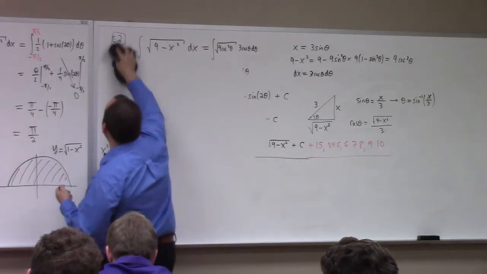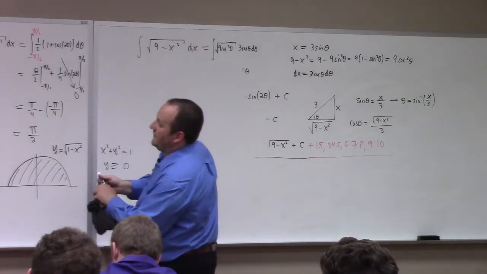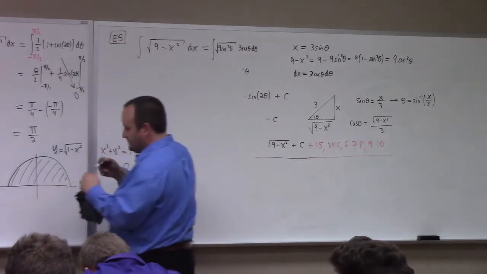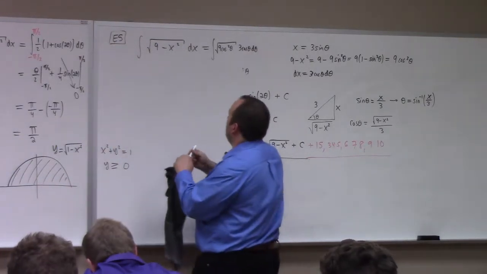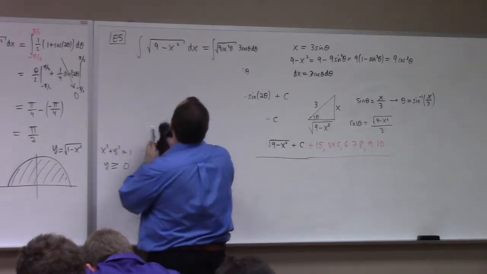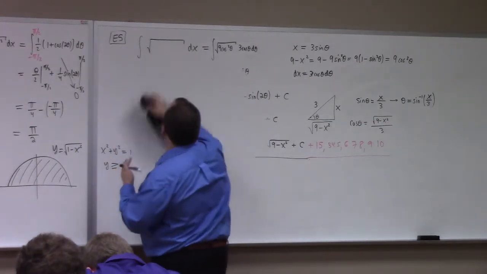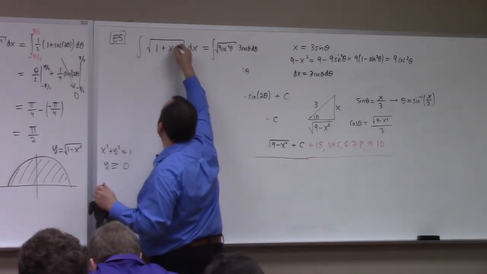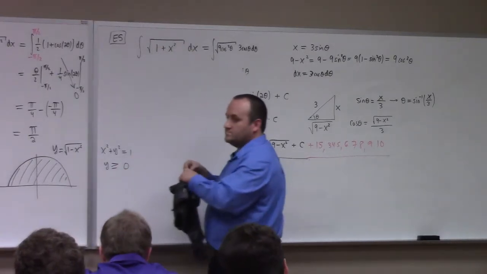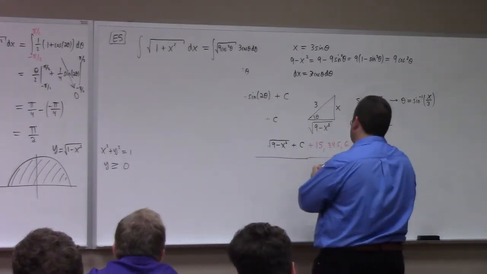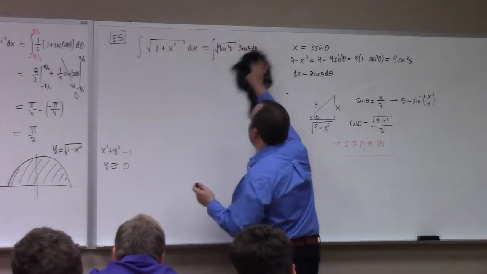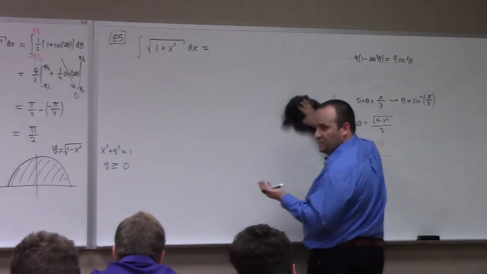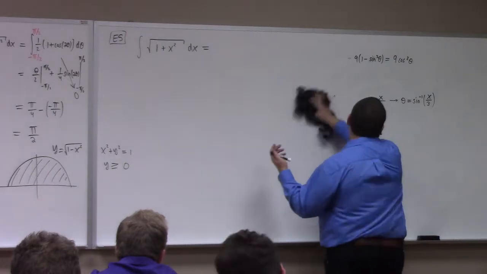So example 5. What if I had the square root of 1 plus x squared? Now, if I so chose to do a trig substitution, what would I do, and where would it lead me?